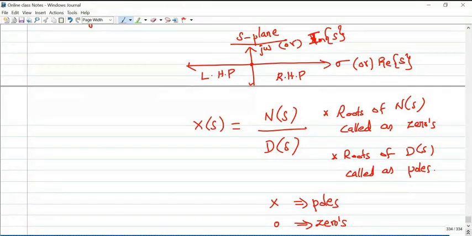So what is the S plane? How to find zeros of x of s? How to find roots of x of s? Suppose they ask to plot the poles and zeros of x of s, meaning we have to plot the poles by cross mark and zeros by a small circle.